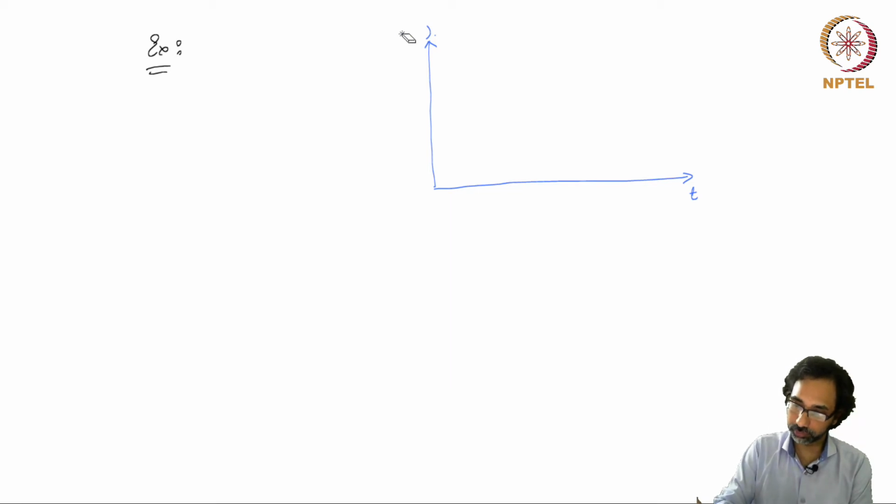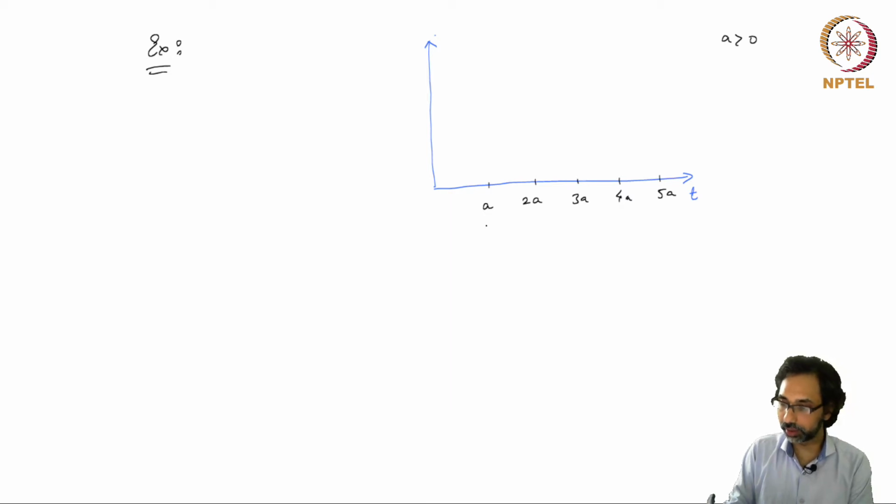Our graph of f(t) will look something like this. We fix a positive number a, and we can divide our t axis into multiples of a, and so on.